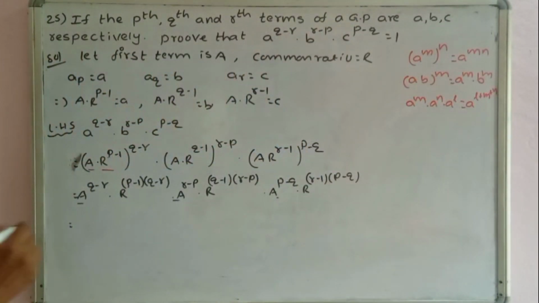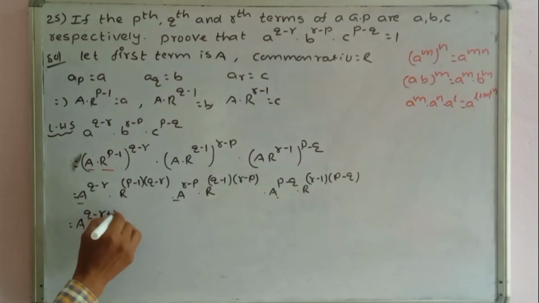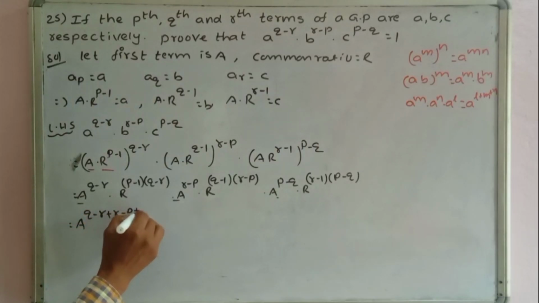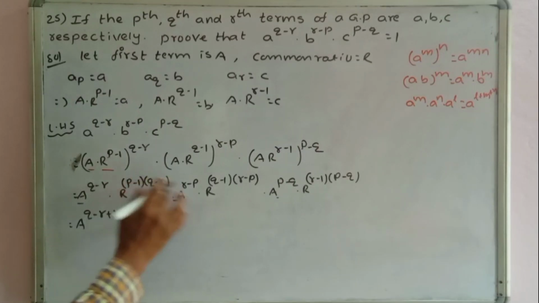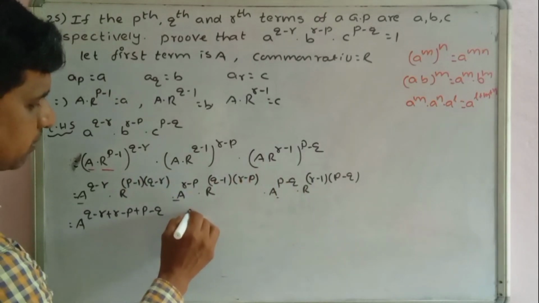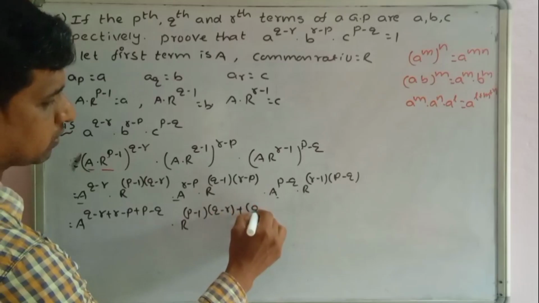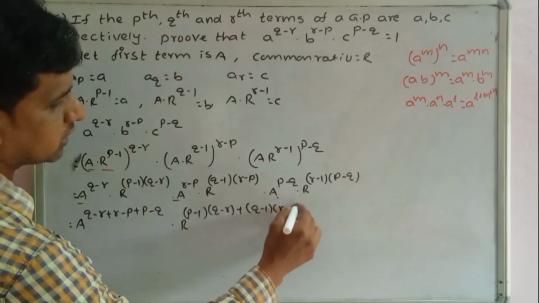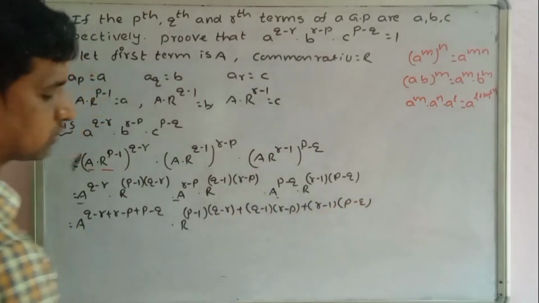So this is of the form A power Q minus R plus R minus P plus P minus Q. Here also, R power P minus 1 into Q minus R plus Q minus 1 into R minus P plus R minus 1 into P minus Q.